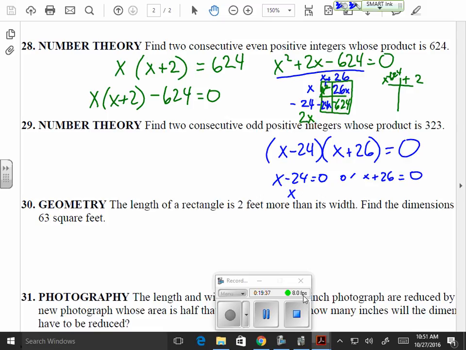Add 24 to both sides means x is either 24 or x is negative 26. But we were told that x has to be a positive number. That means that's my positive number. So the 2 consecutive integers are 24 and positive 26.